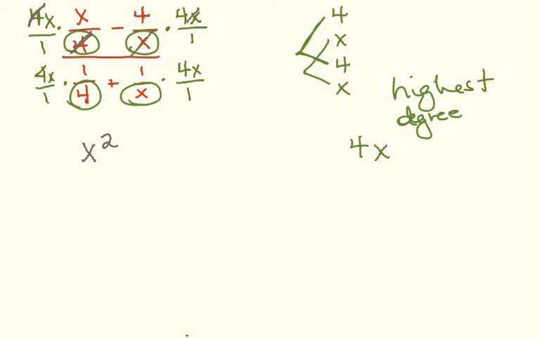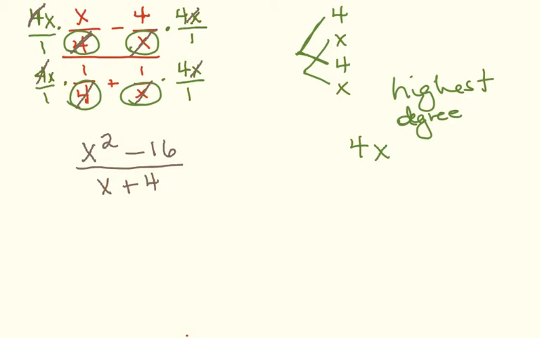The x's divide out, and I'm left with minus 16. The 4's divide out, and I'm left with x. The x's divide out, and I'm left with plus 4.